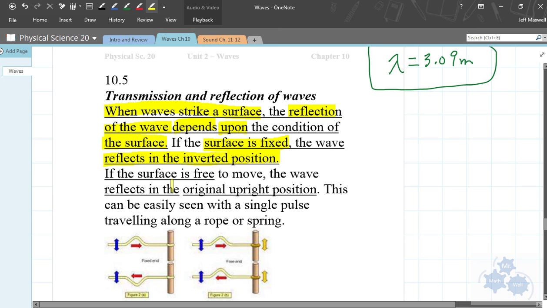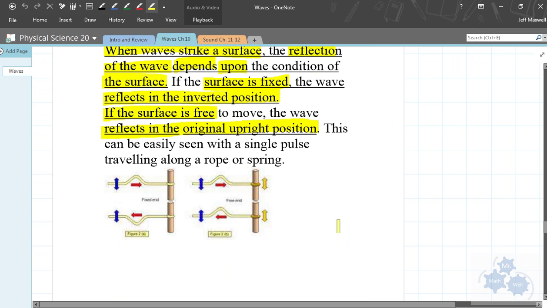Okay? If the surface is free to move, and I don't know if we did this in our activity because it's a little tough for slinkies to be free because they coil right up. But if the surface is free to move, the wave reflects in the original upright position. And these are the diagrams here too, you should recognize this from yesterday.